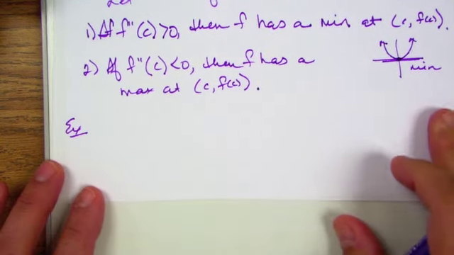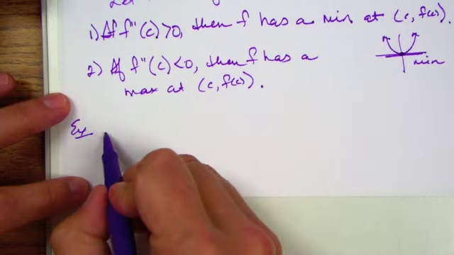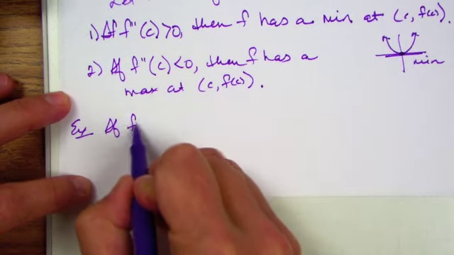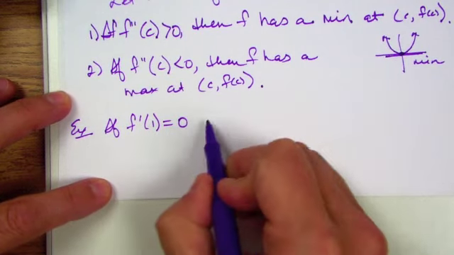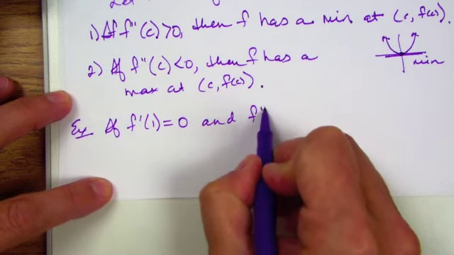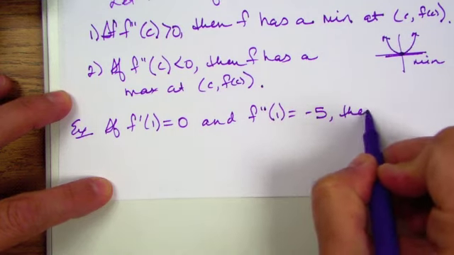Okay, so look at this example with me. These show up on the AP exam, okay? And you'll see once we start reviewing how they show up. If f prime of 1 equals 0, and f double prime at 1 equals negative 5.